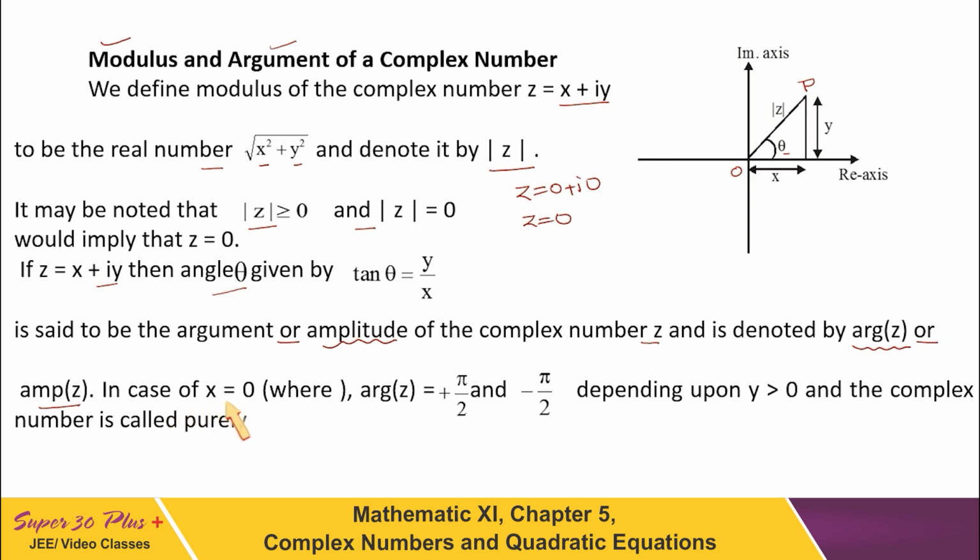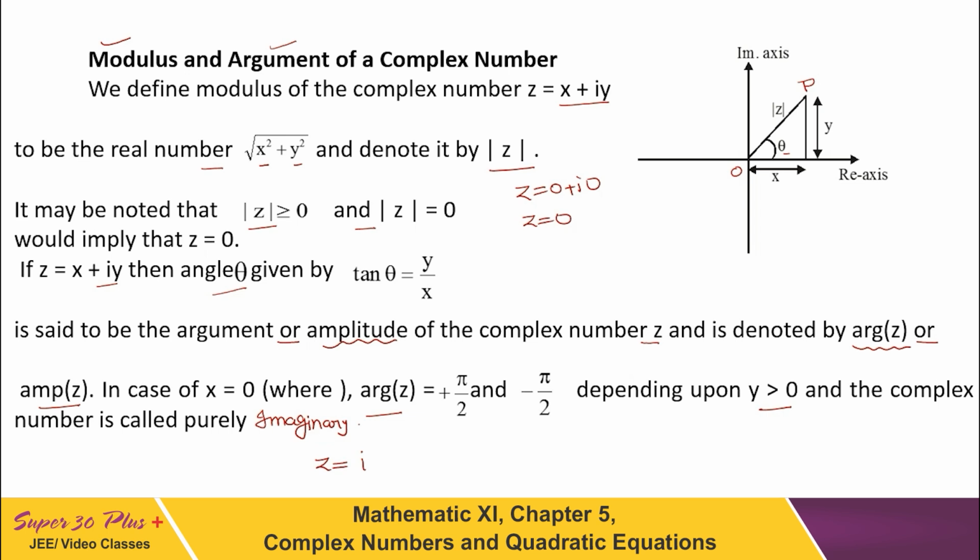In case x is equal to 0, then arg z is either plus pi by 2 or minus pi by 2, depending upon y greater than 0 or y less than 0. And the complex number is called a purely imaginary complex number. Why purely imaginary? Because the real part is 0, means the complex number is like this.